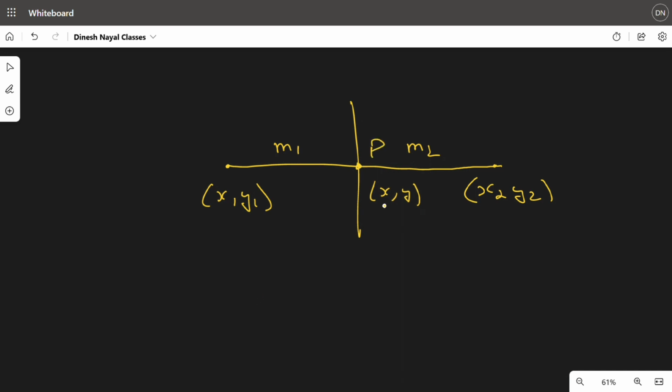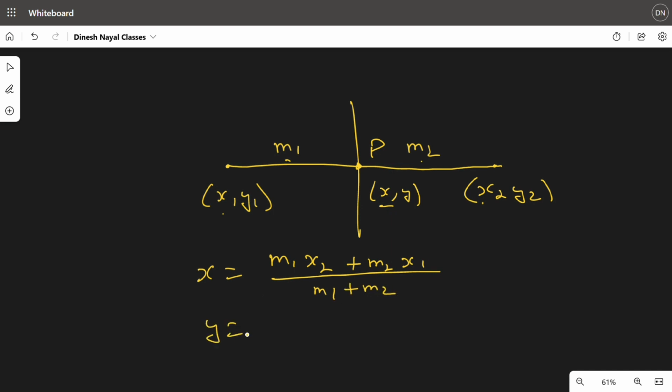So what will be x? We have to find the coordinates of this point. This x will be equal to m1 x2 plus m2 x1 upon m1 plus m2, this ratio.